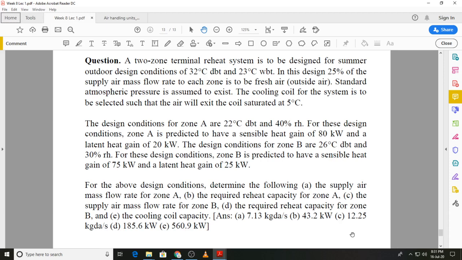As I mentioned earlier, the procedure will of course be similar to that of the cooling cycle that we had gone through earlier: we need to locate the states and develop the entire cooling cycle, and once we have that, we can extract the desired answers as we proceed with the solution of the problem. And that is all for this lecture, and we will continue with a new topic in the next lecture.